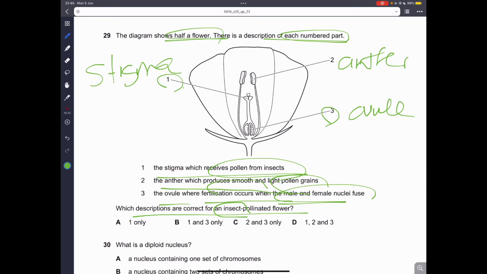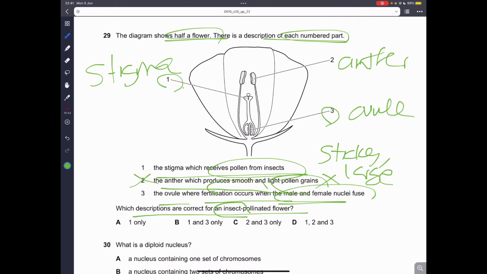For an insect pollinated flower, the anther will not produce smooth and light pollen grains. They will produce sticky, large pollen grains in small amounts. Therefore, option 2 is wrong. Okay, and so let's look at option 3. The ovule is where fertilization occurs.